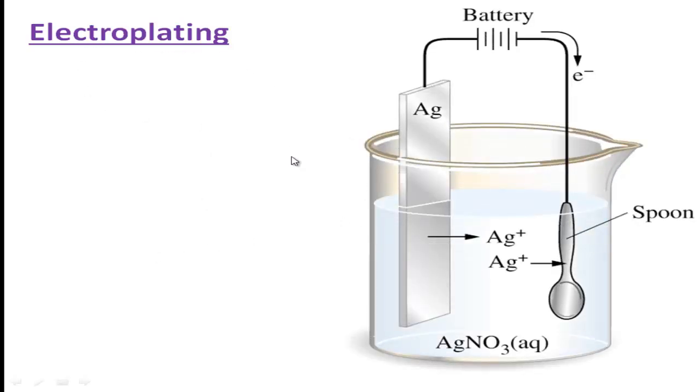Electroplating means if you want to cover a highly reactive metal by a less reactive metal, and you coat or plate this using electricity, using the electrolysis process, this process is known as electroplating. That means here you are covering things by a metal using electricity.